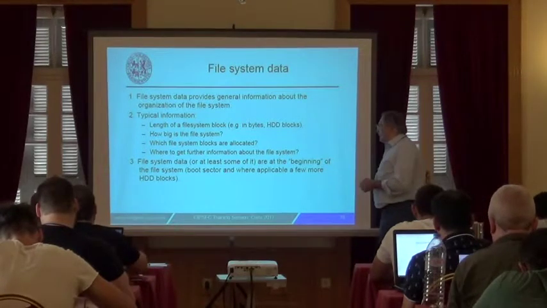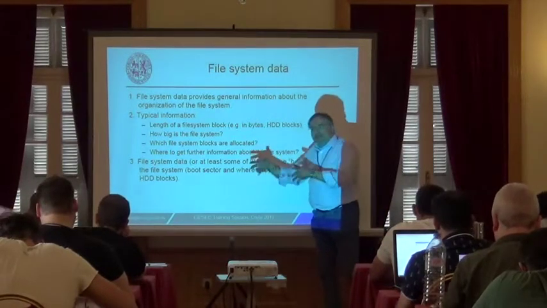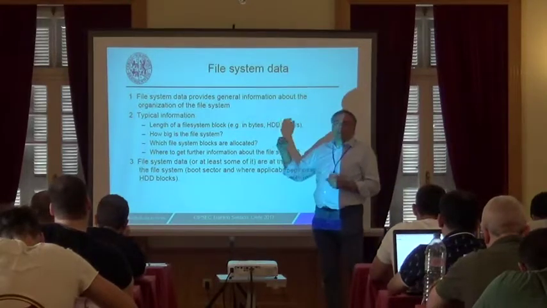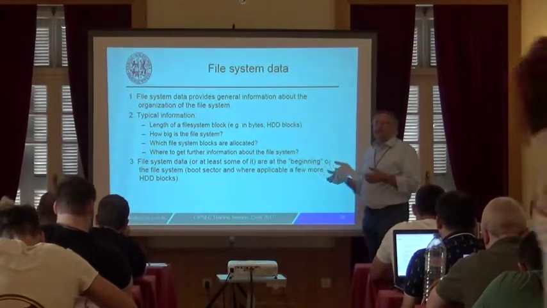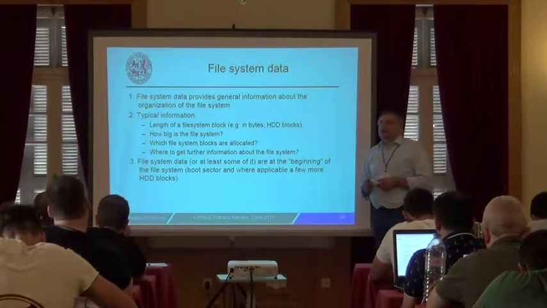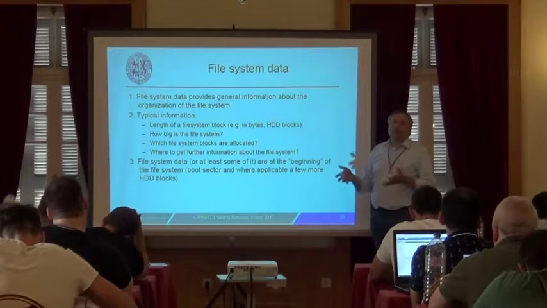Again, if we look at the disk drive, let's say that somebody gives you a disk drive and tells you there is a file called secret information inside this disk drive, please get it for me.